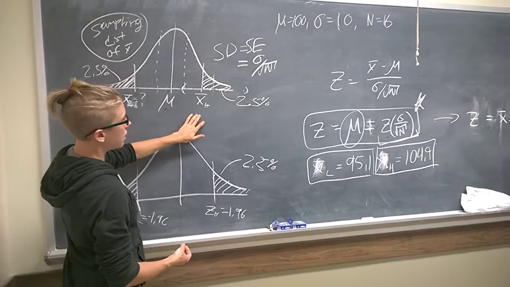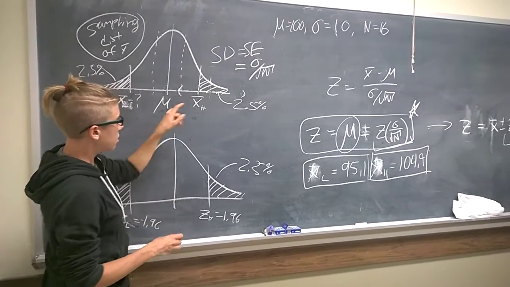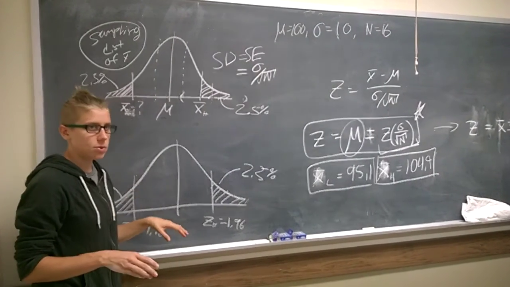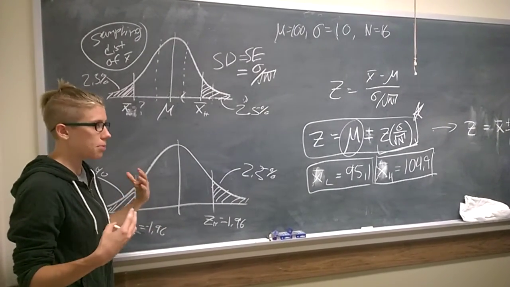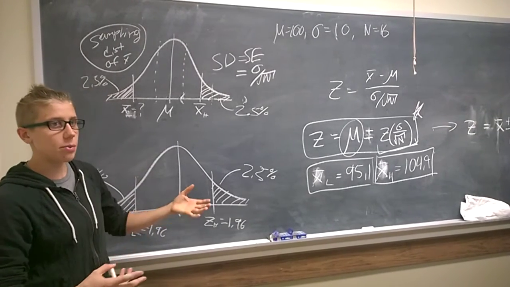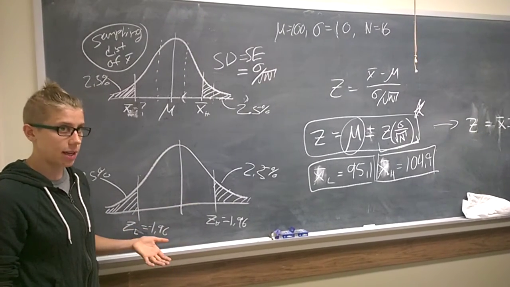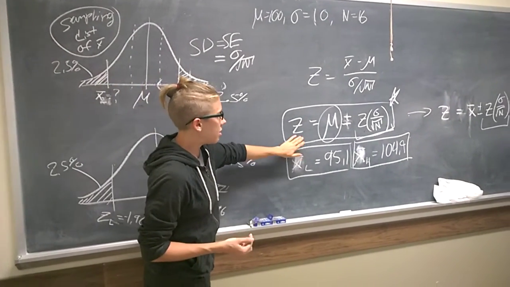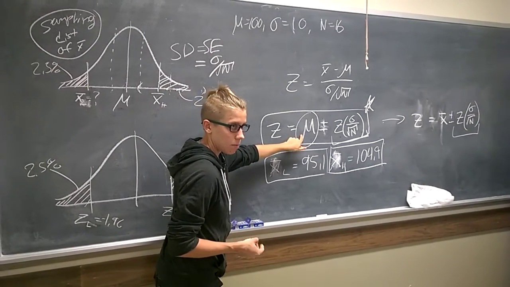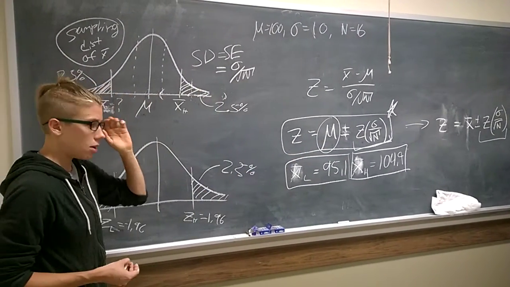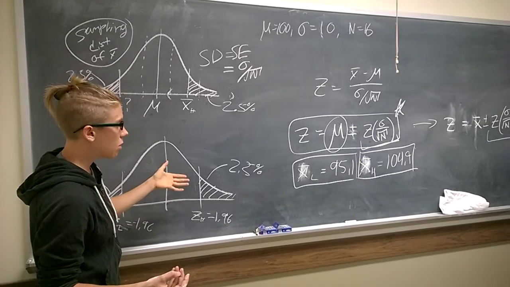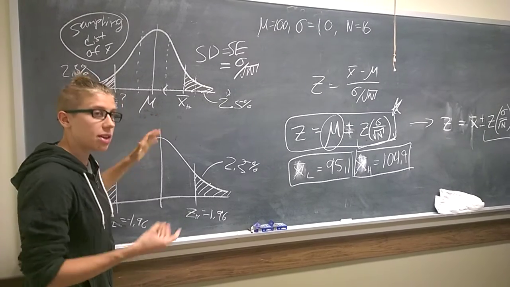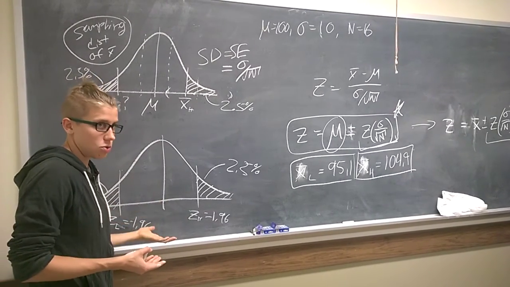So what that effectively means is that the 2.5% over here and the 2.5% over here, if you had samples with those means, those samples would not result in confidence intervals that contain the true population mean. So if we use this method, plugging in a sample mean, 5% of those possible samples we could have will result in intervals that don't contain the true population mean, whereas the other 95% will contain the true population mean.